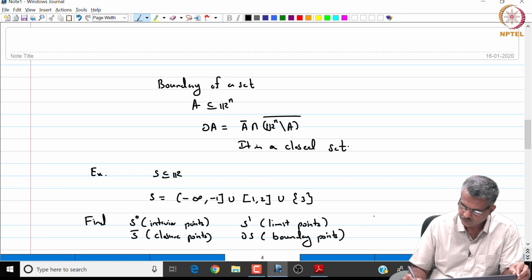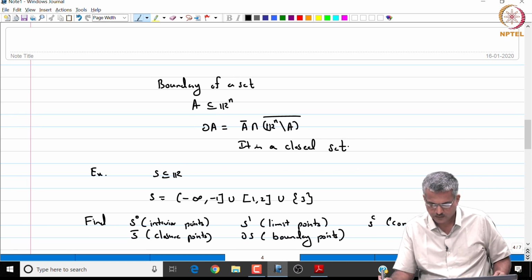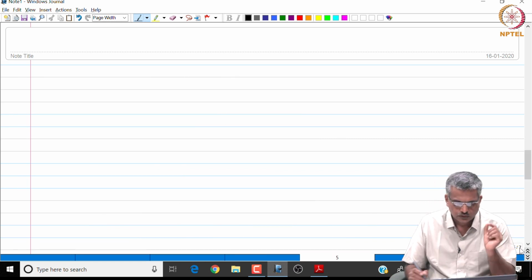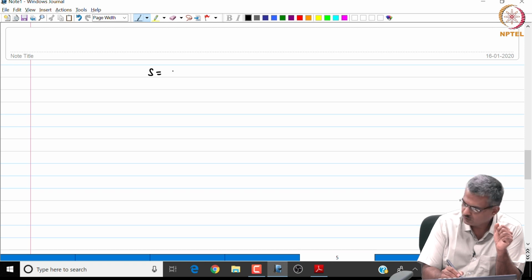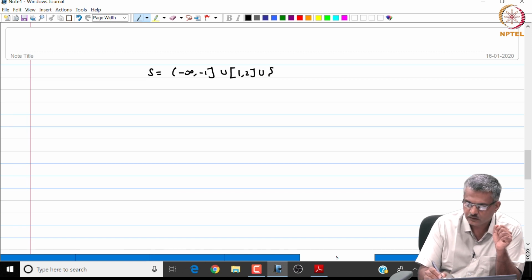And we also need the complement of S. Let me write down the set once again. It consists of the union of 3 sets. Note that this is a singleton set.